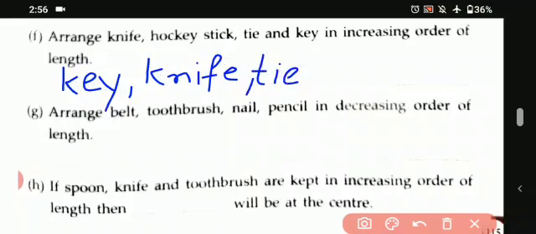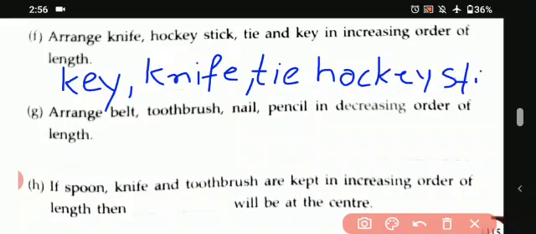And then there is a hockey stick. So we have to write down the hockey stick. Okay students, so this is how we have to do it.